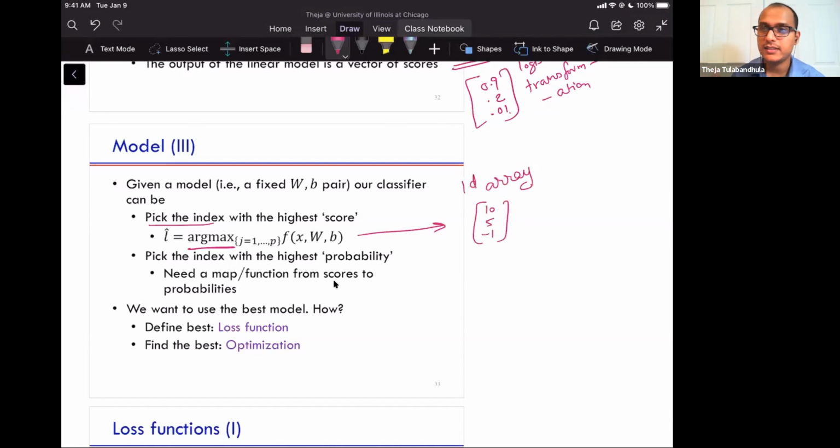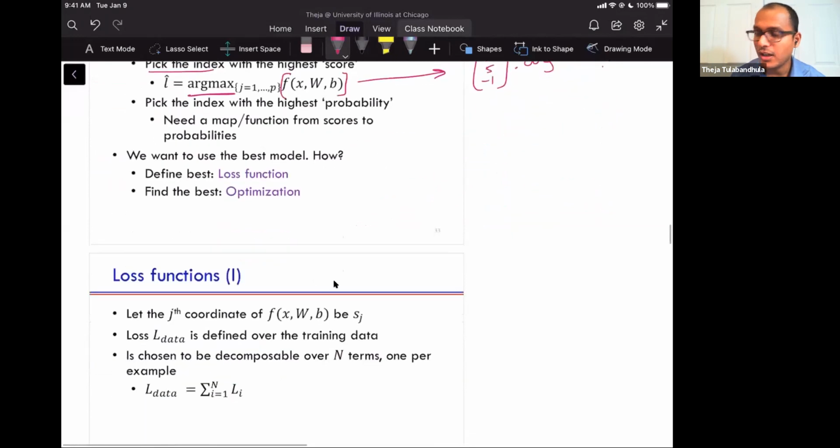You can have a 2-dimensional array, a 3-dimensional array, which for example can represent images and so on. You can do dot argmax, and you get the index corresponding to the highest number. That's essentially what argmax is. And this f, as I said, returns a 3-dimensional vector in the running example.